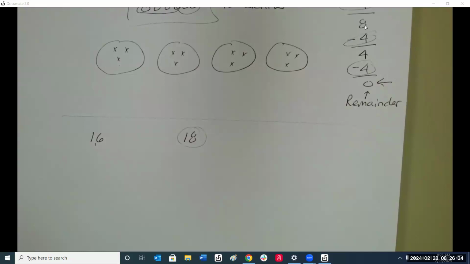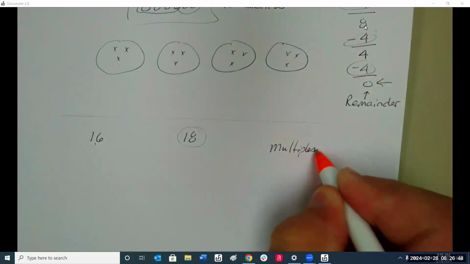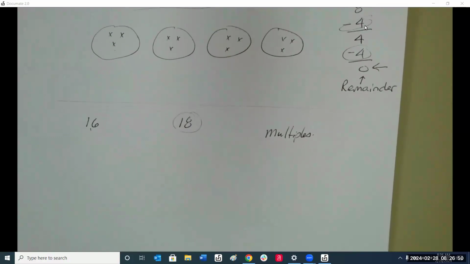You find multiples of 18 and 16, and then figure out which one. You find multiples of 18, yeah. And how would you find that? Yes, you could do that.